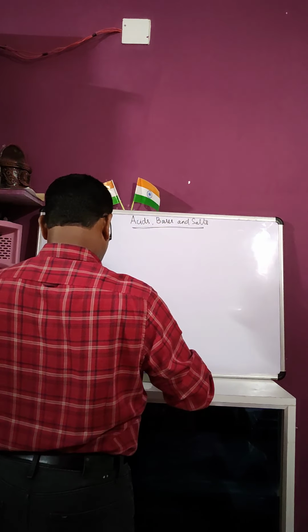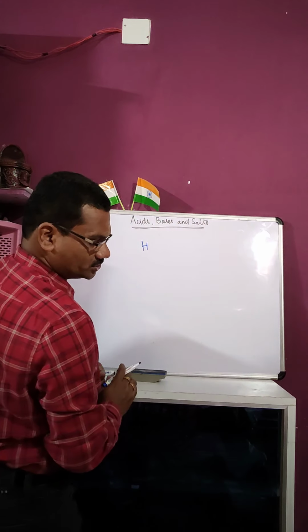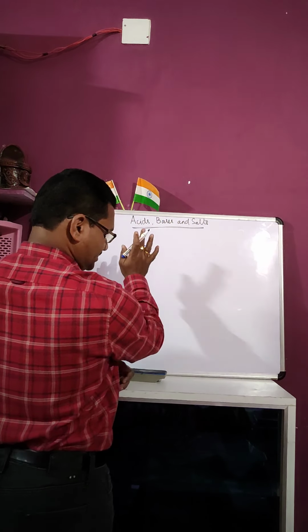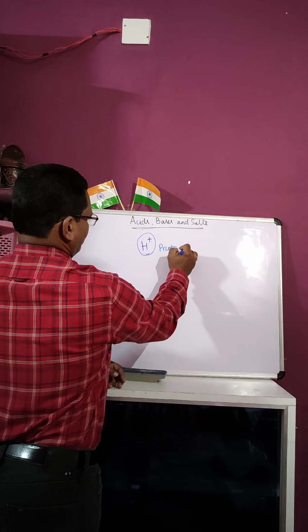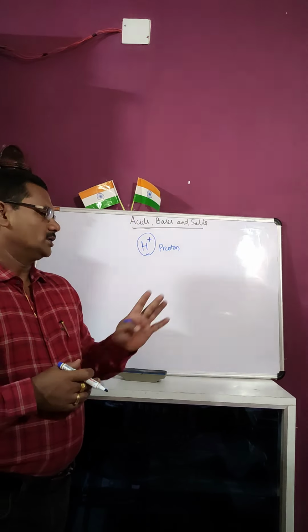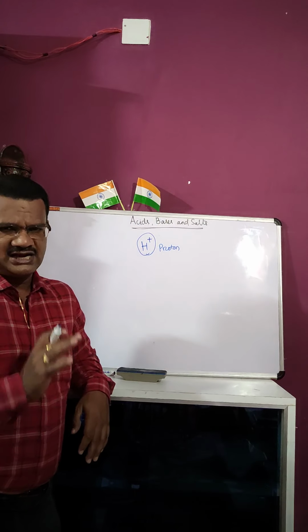We all know the hydrogen atom has one electron and one proton. If it gives its electron, it becomes H plus. This is the proton. So the Bronsted-Lowry theory states that acids are proton donors and bases are proton acceptors.